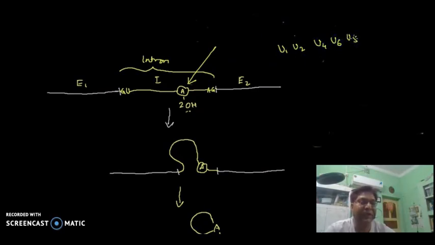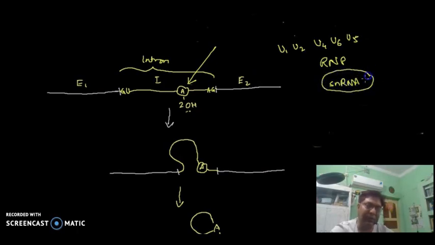They are designated as U's. There are many other U forms also, but in this case it requires these. These are ribonucleoproteins. In fact, one snRNA, small nuclear RNA, is associated with a protein forming a structure called snRNP. They are pronounced as snurps.